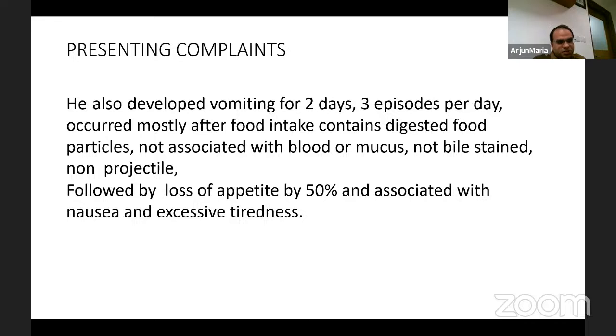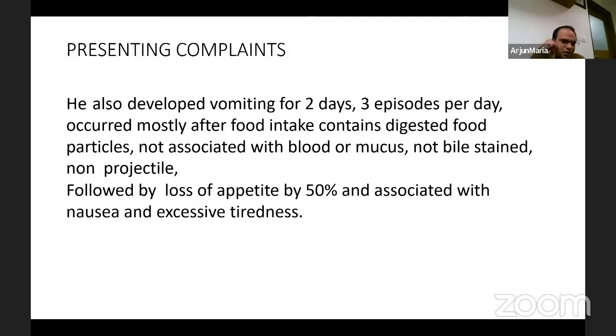What can be the causes? Sir, in this hepatocellular jaundice, maybe drug ingestion history.